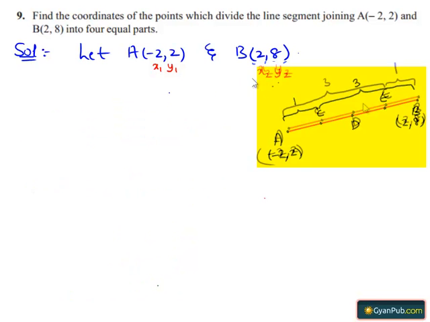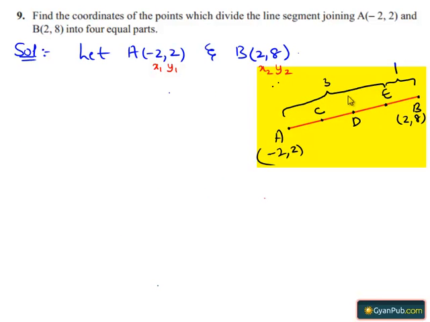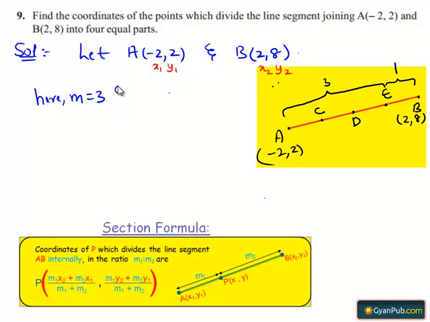The point E divides AB in the ratio 3:1 internally. So here the m value equals 3 and the n value is 1.